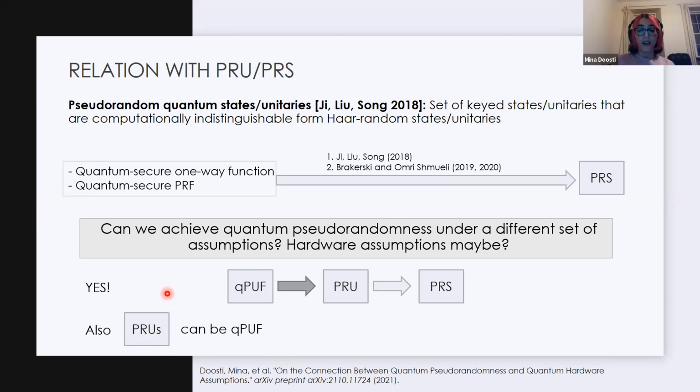Well, no. The direction is that from a quantum PUF you can get pseudo-random unitaries and then pseudo-random quantum states, but also from pseudo-random unitaries you can get a quantum PUF. The reason is that you can show pseudo-random unitaries are unknown unitaries very easily, because unknownness just requires that they be indistinguishable to a single-shot adversary, and in fact pseudo-random unitaries are more than indistinguishable.